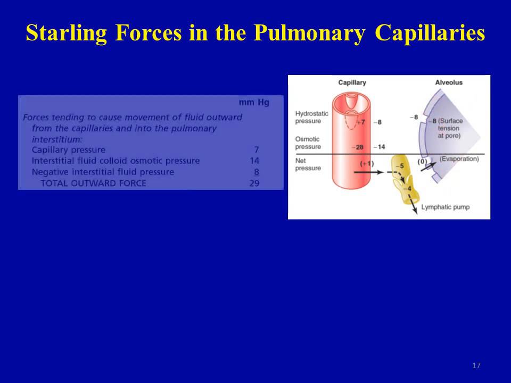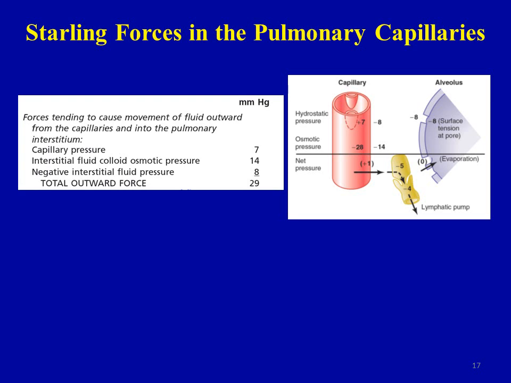Okay, so what are the forces and what are the values of those four Starling forces? We have the capillary pressure, which is 7, not 17.3. It is much lower because we know that the pulmonary circulation is a low pressure circulation.